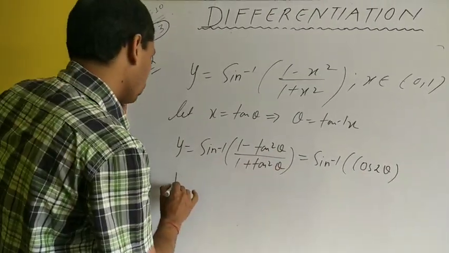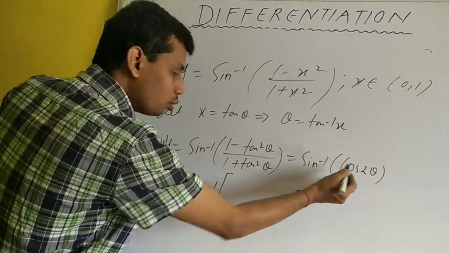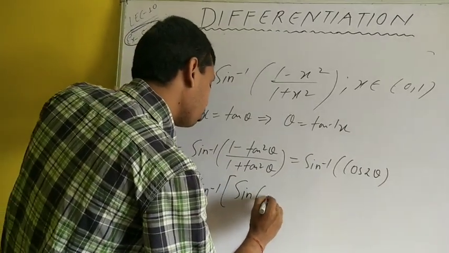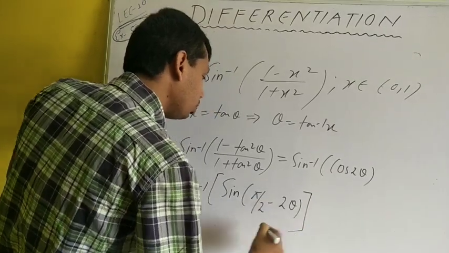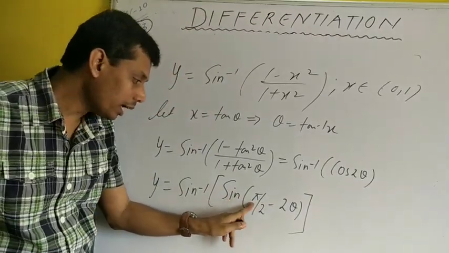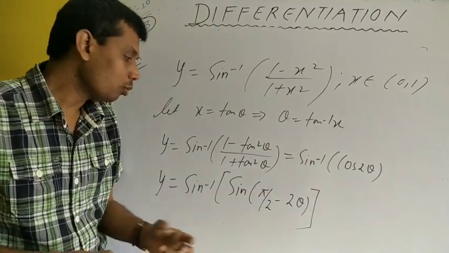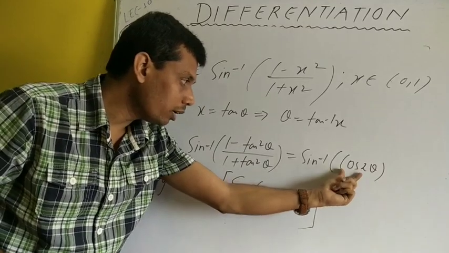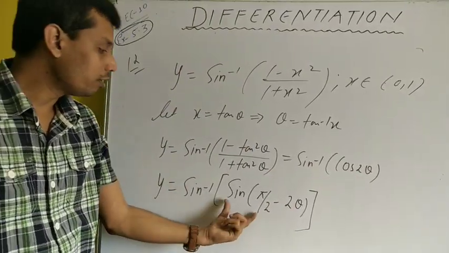Now y is equal to sine inverse of cos 2 theta, which can be written as sine inverse of sine (pi by 2 minus 2 theta), as we know that sine (90 minus theta) is equal to cos theta.